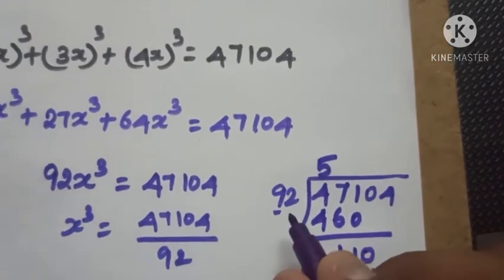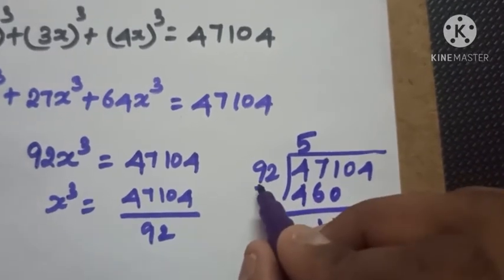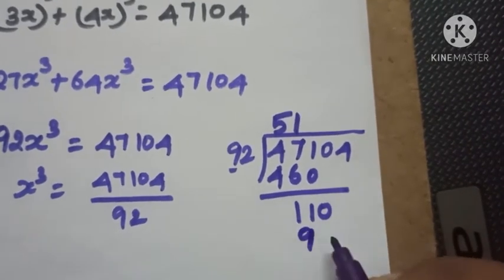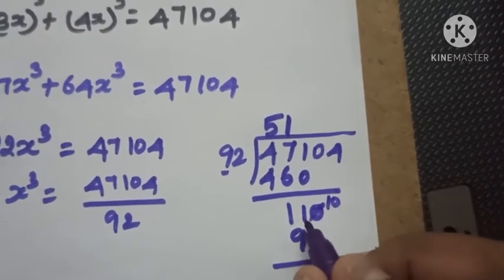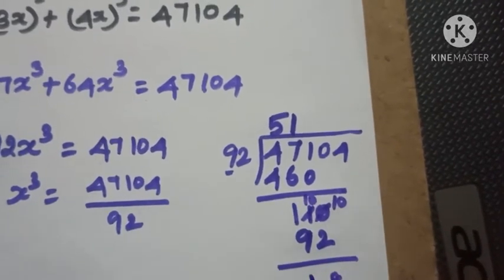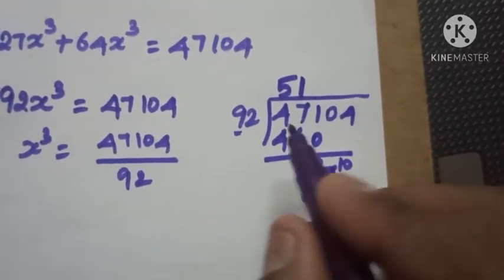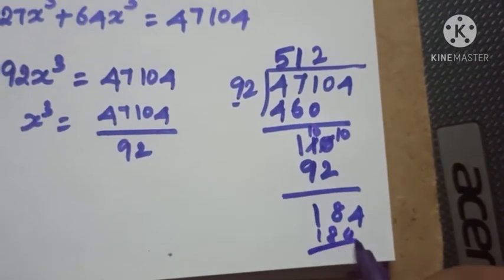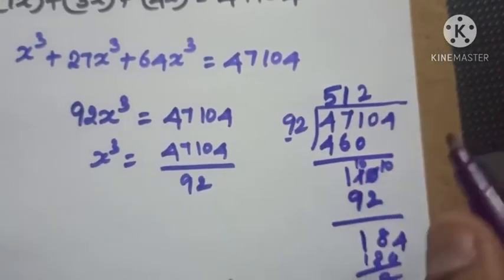Again we go with 3 times, means 27. 2 times would be 18, so we take only 1 time, so 92. Now we subtract; if you borrow, it becomes 10. So 184. 9 twos are 18, we check with 2: 2 twos are 4, 9 twos are 18, 184.